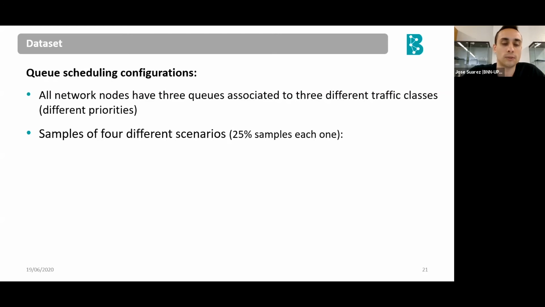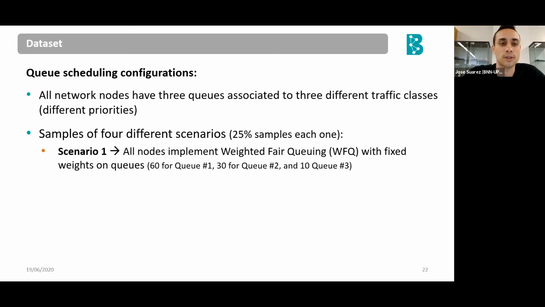We included in this data set 4 different scenarios regarding queue scheduling configurations. So the data set contains 25% of samples of each of these 4 scenarios. And these 4 scenarios are ordered in level of complexity.